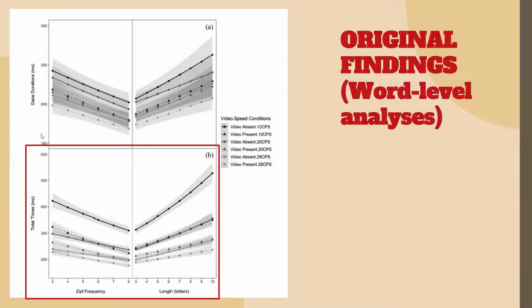We also looked at the frequency, and again, very nicely replicating results that we find in reading research, the situation is inverted, right? So there's an inversely proportional relationship. As the frequency of the word increases, the total times decrease. Remember what Agnieszka said earlier about small short function words being completely skipped? We had that nice slide where the word the and a preposition towards the end were skipped.